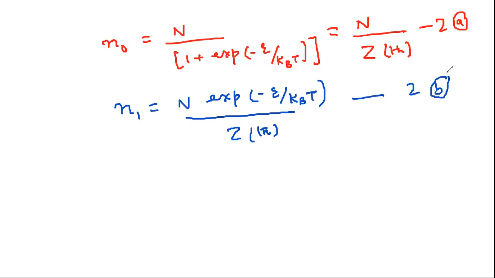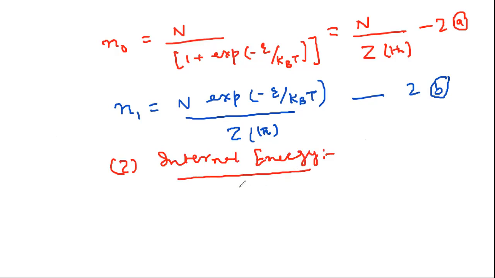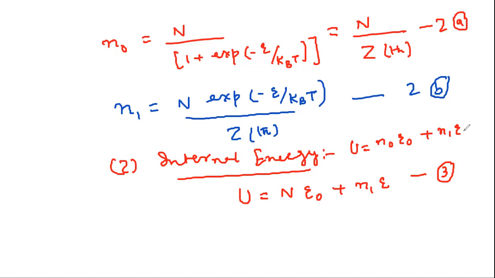Then we talked about another thermal property of the system, that is our second property, internal energy U. We wrote the expression U equal to N0 epsilon naught plus N1 epsilon 1.